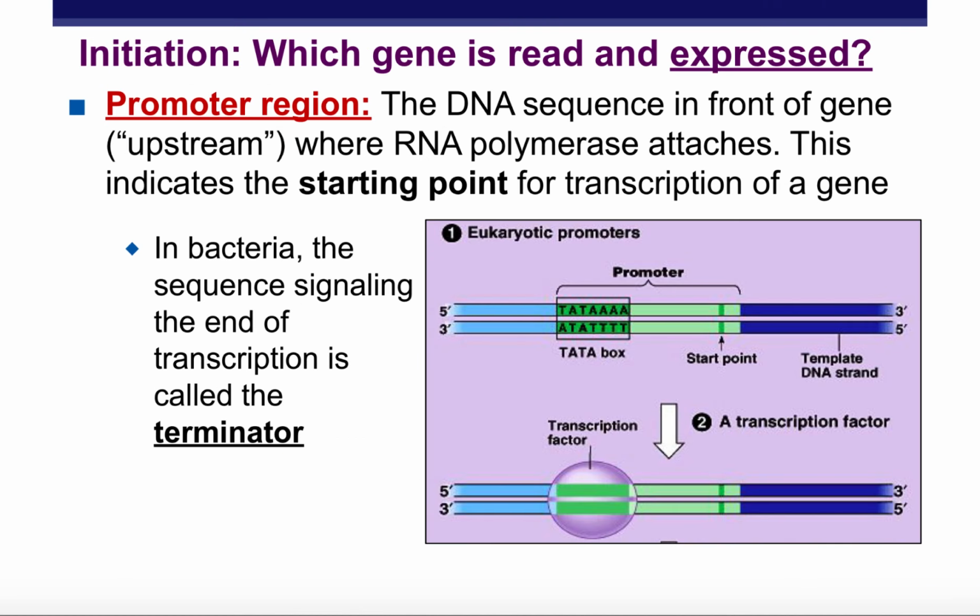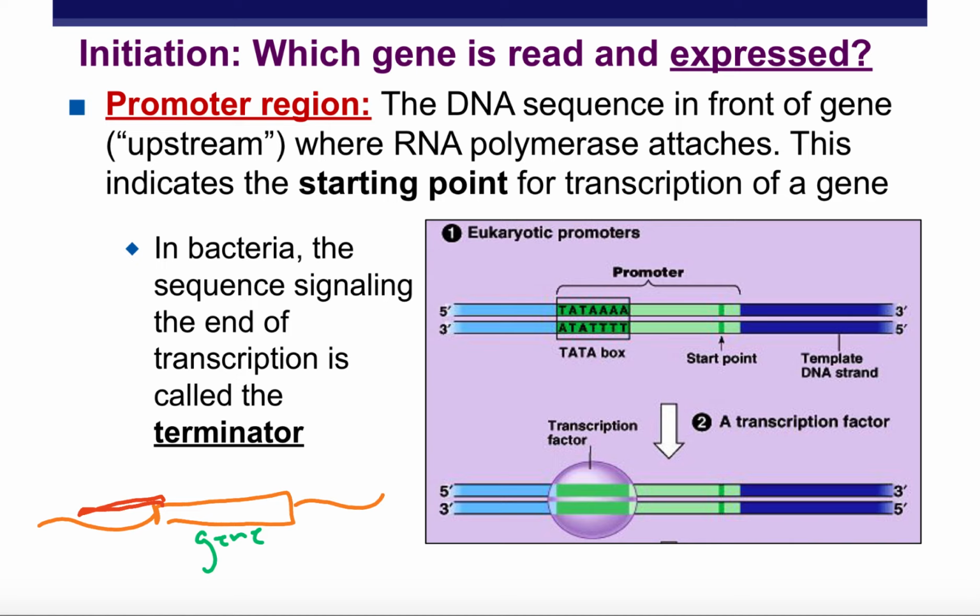So the actual process of initiation really heavily involves what's known as a promoter region. If you recall, not all of your DNA includes genes, but there are segments with the gene itself. But what you may not know is that oftentimes the region in front of the gene, and maybe sometimes including the gene itself, is a promoter region, the region upstream or in front of the DNA gene sequence that helps direct where and when our RNA polymerase attaches.